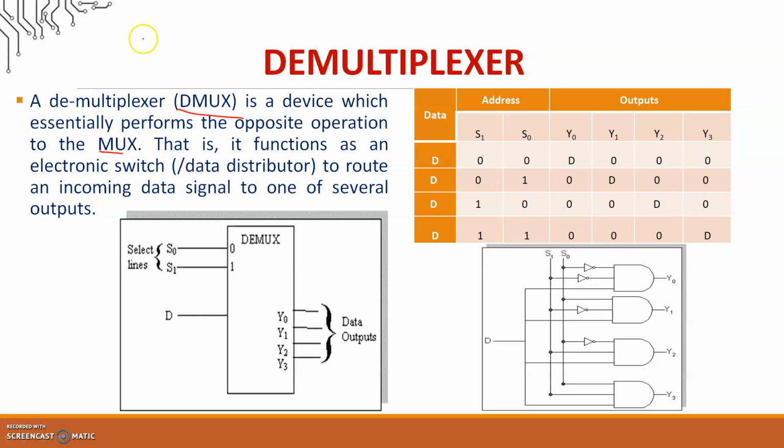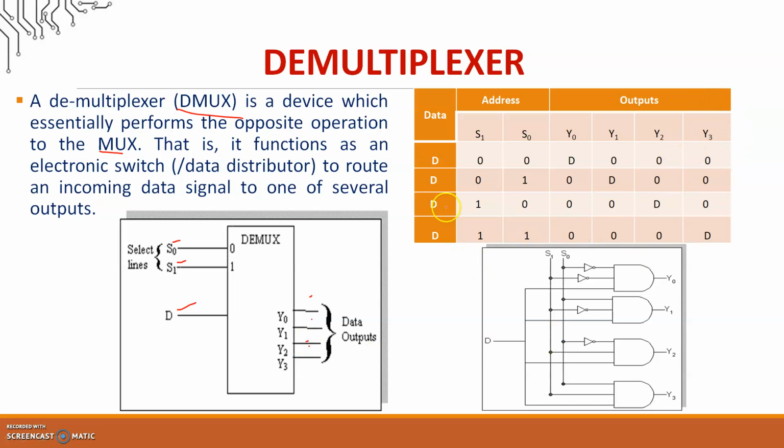So see here, there are two selects, S0 and S1, and the input is 1 because it is a DMUX. The input is 1 and there will be 4 outputs, Y0, Y1, Y2, Y3.